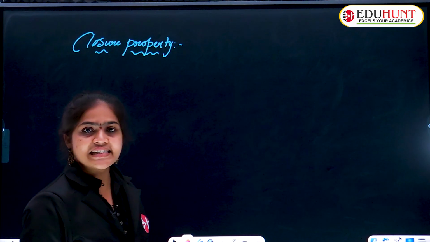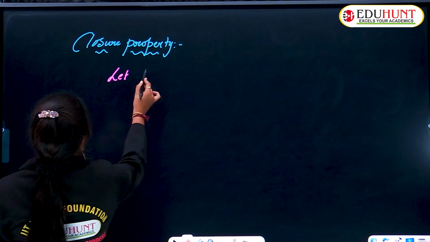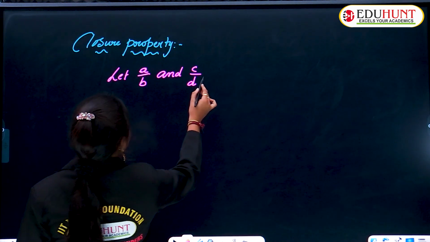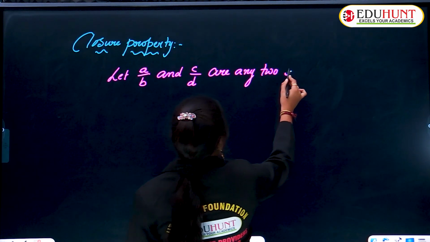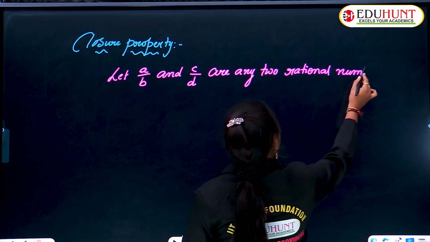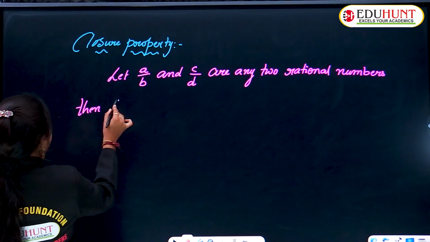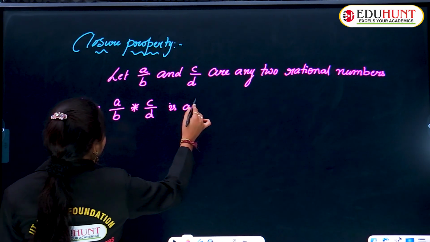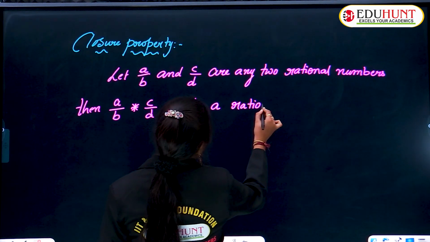Let a by b and c by d be any 2 rational numbers, then a by b star c by d is also a rational number.